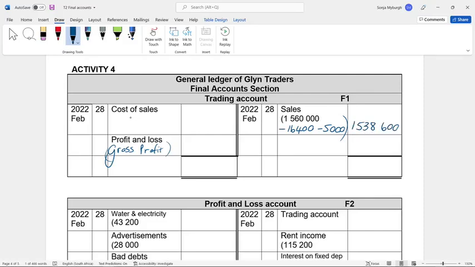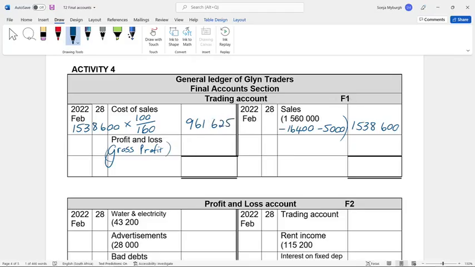Cost of sales not given, but they've given us the markup percentage. 1,538,600 times, we want to know the cost price, they've given us the selling price. So this is the cost of sales, 961,625.